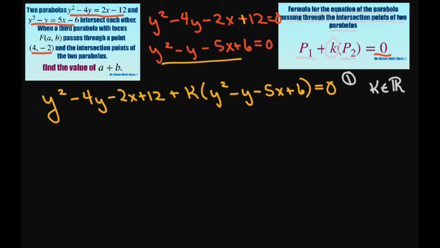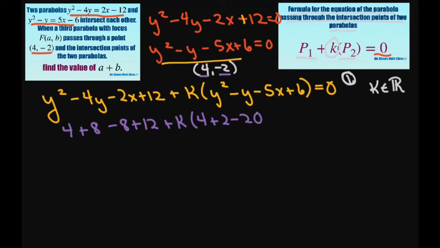All right. Since this equation 1 passes through the point (4, -2), we're going to substitute that in and solve for k. So when we substitute in 4 for x and -2 for y, we're going to get 4 plus 8 minus 8 plus 12, plus k times 4 plus 2 minus 20 plus 6, equals 0.